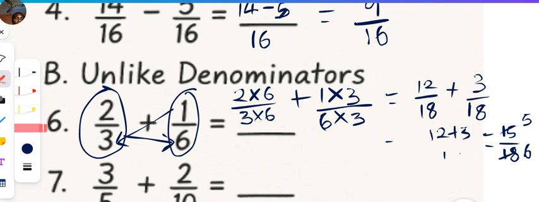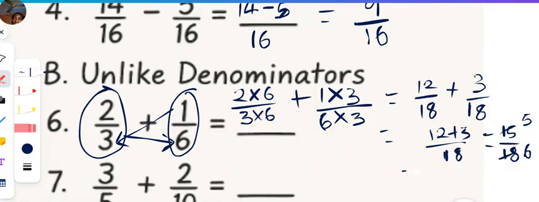So that's how this is done. So our final answer is 5 over 6 for that unlike fraction.